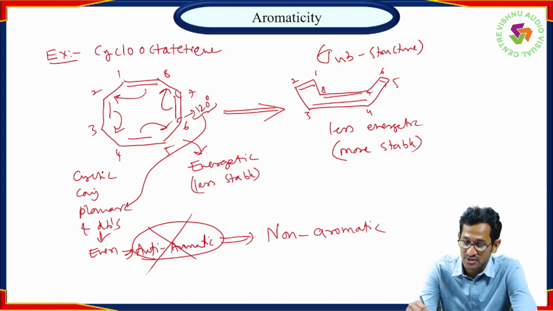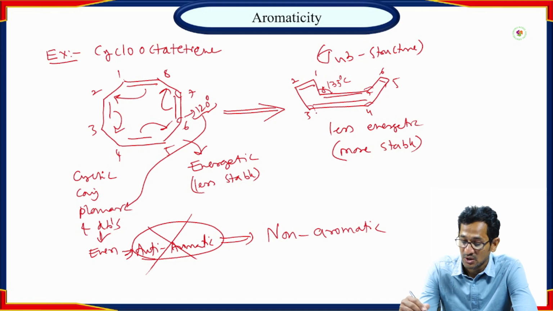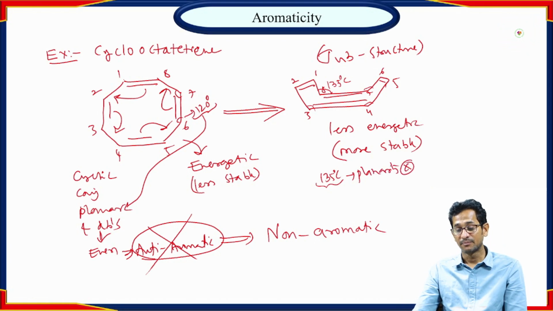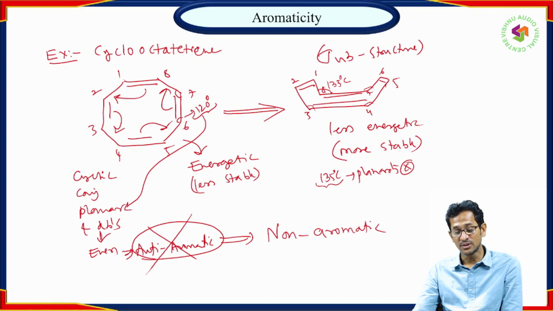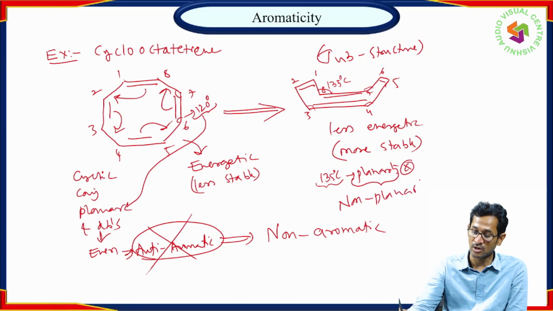Whereas due to the stretching, the angle generally observed is 135 degrees. 135 degrees means it deviates from planarity. Due to its conversion from the less stable structure to the more stable structure, it loses its planarity. That means it is non-planar.